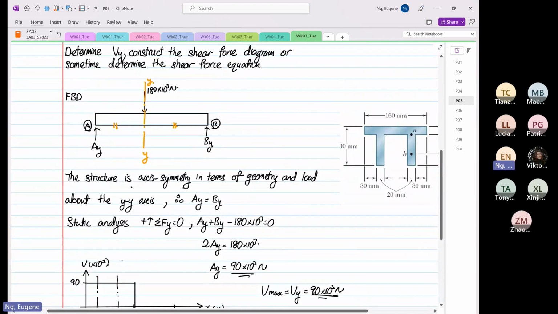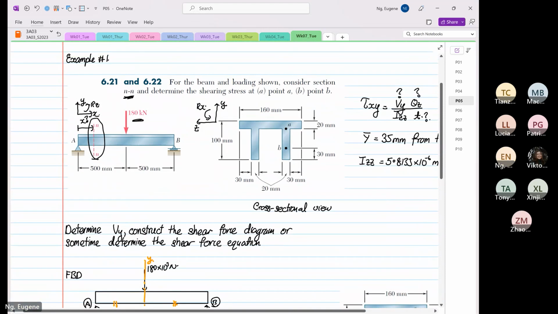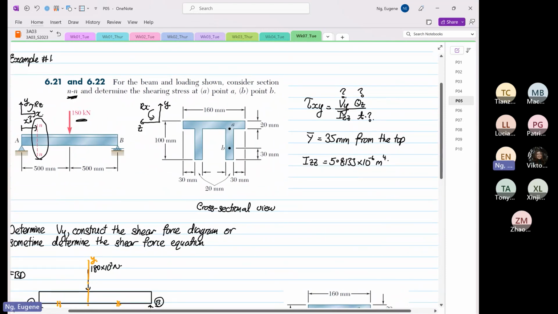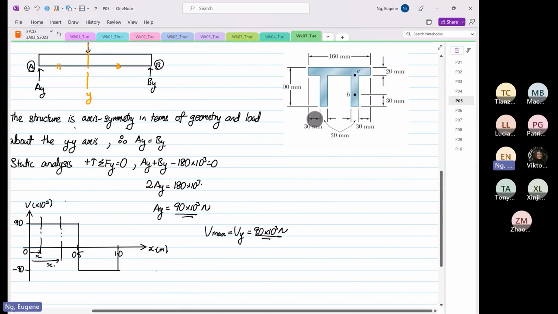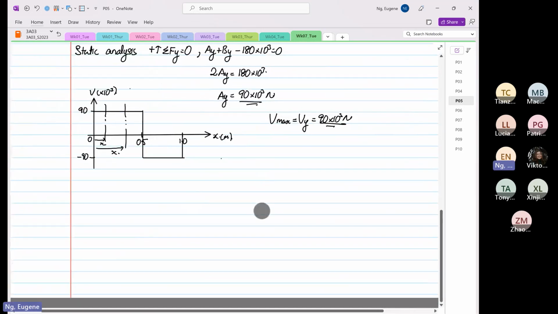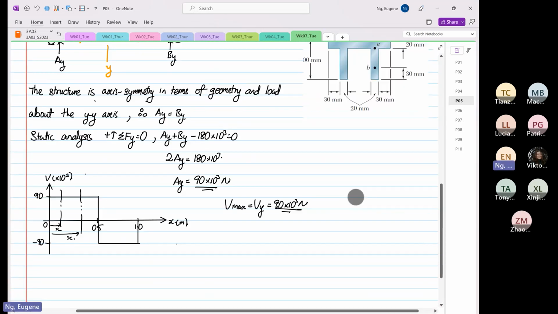So now, coming back to the equation over here, we know our Vy, we know our Izz, which we apply the rule, it's constant regardless of point of interest. Okay, so we have those two values. So now we can seriously look at the shear stress at point A. Okay, so now we are going to find, let me get this diagram over here.